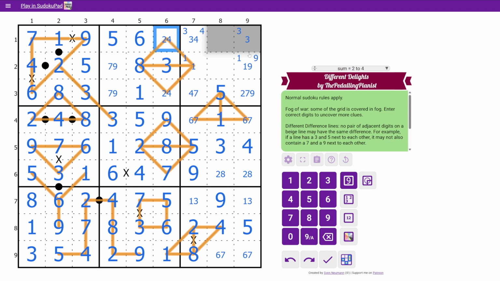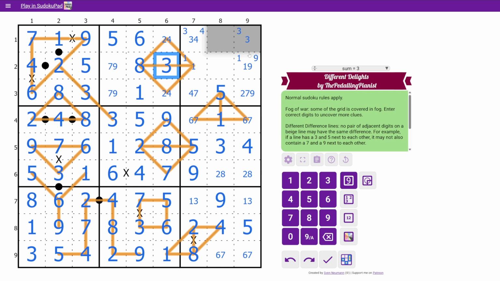This is going to be a 5 difference, a 4 difference, and a 6 difference. 4, 5, and 6.